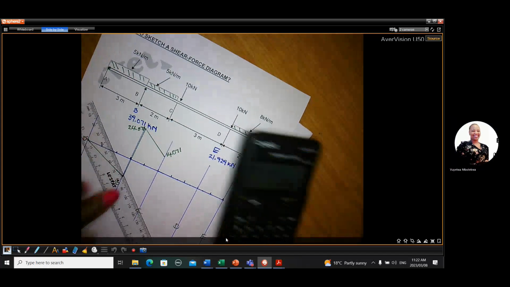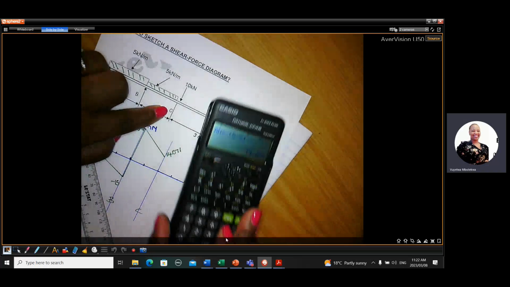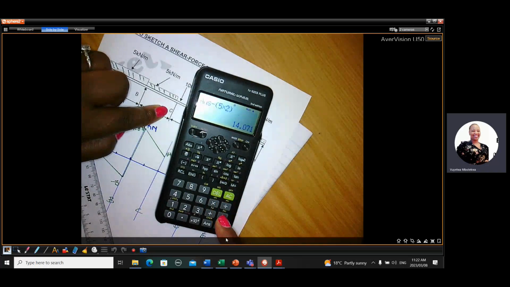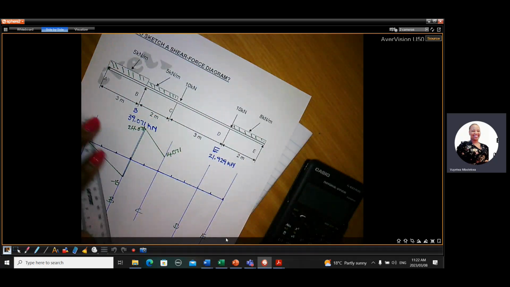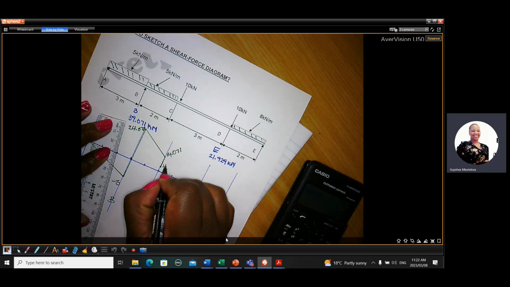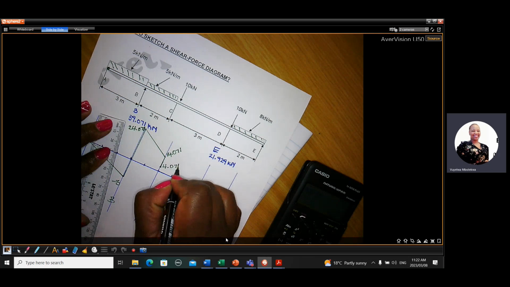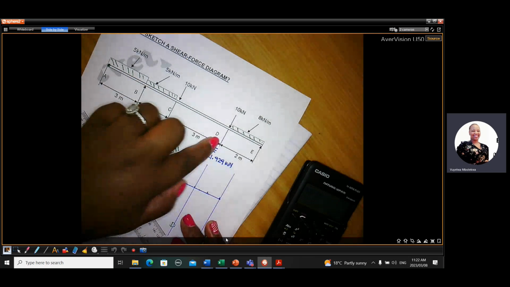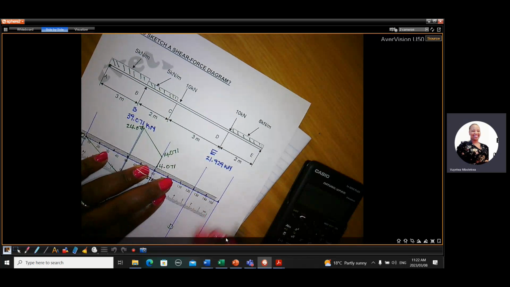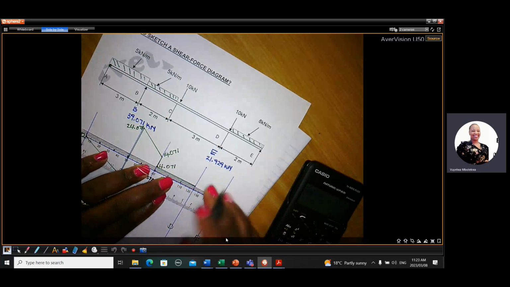So we come down to 14.071. At this point, this is point C, we have a point load of 10 and it's facing downwards, so we subtract it. It puts us at 4.071. So we come down to 4.071. From C to D, we have no force, so we go horizontally across.